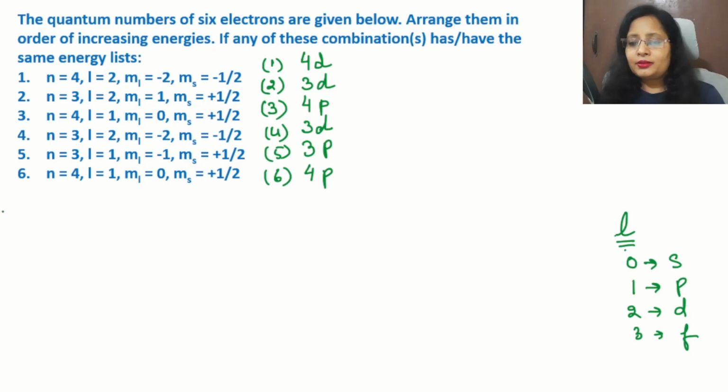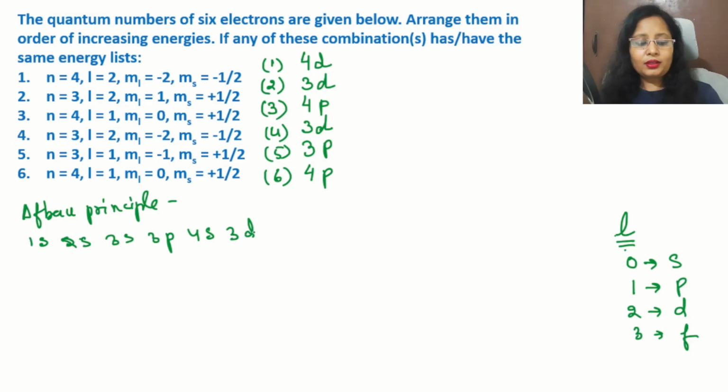Now let us recall the above principle. It says that 1s has the lowest energy, then comes 2s, then 2p, 3s, then 3p, then 4s, then 3d, then 4p, after that 5s, then 4d and so on.